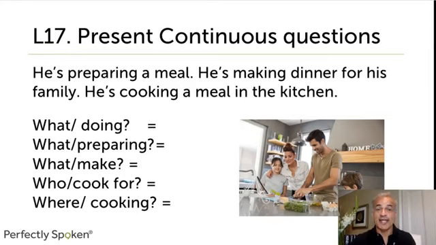And here we were looking at making questions in the present continuous in lesson 17. Do you remember the questions? He's preparing a meal. He's making dinner for his family. He's cooking a meal in the kitchen. Question, what's he doing? Or what are they doing?